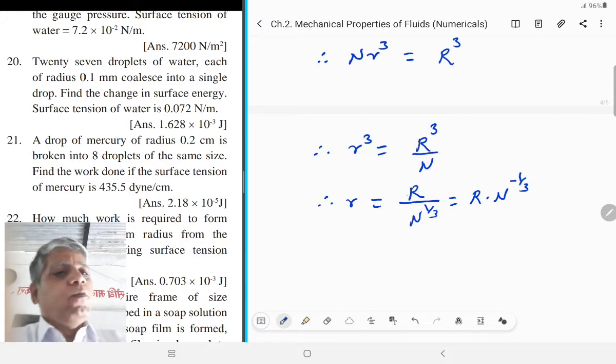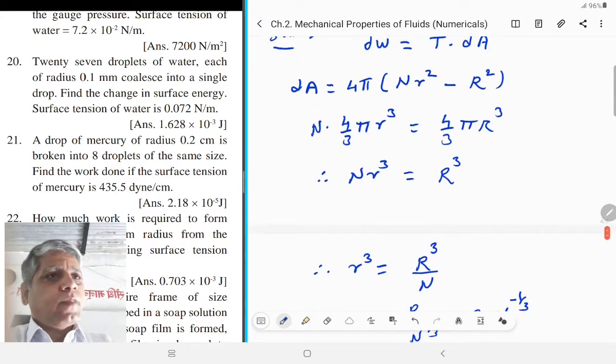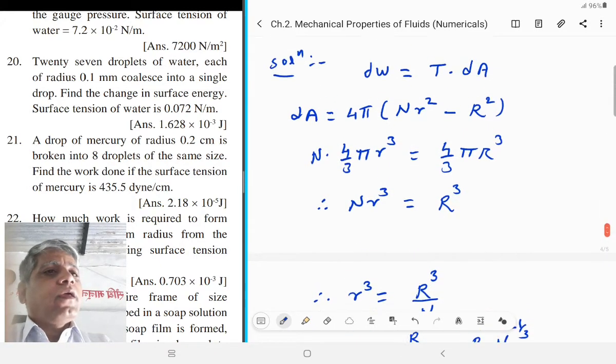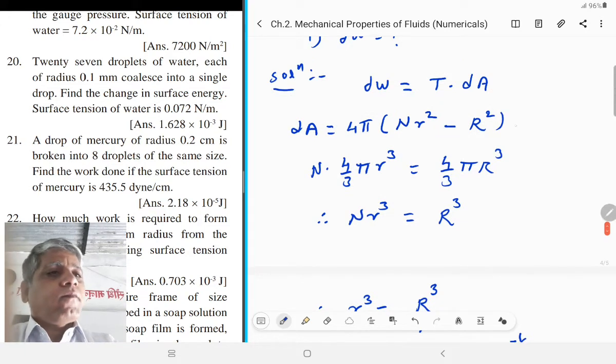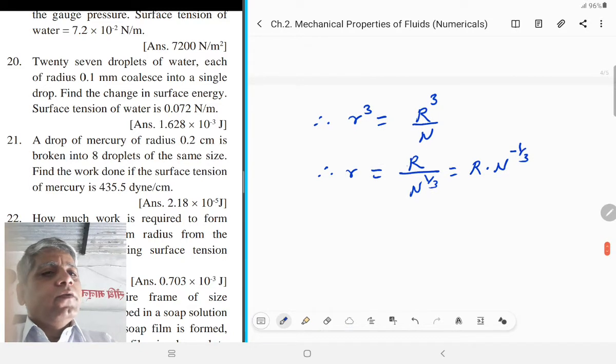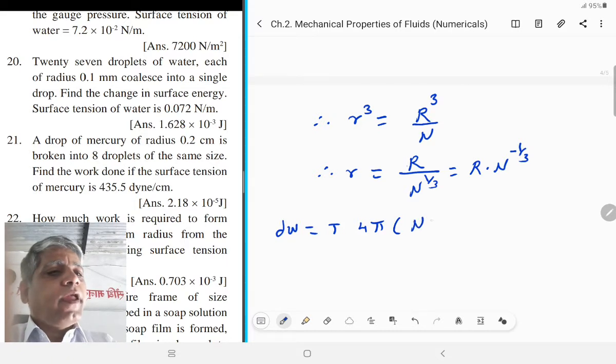Substitute this value of r in this equation, we get the work done dW is equal to T into dA. dA means 4 pi into bracket n into r square minus capital R square.